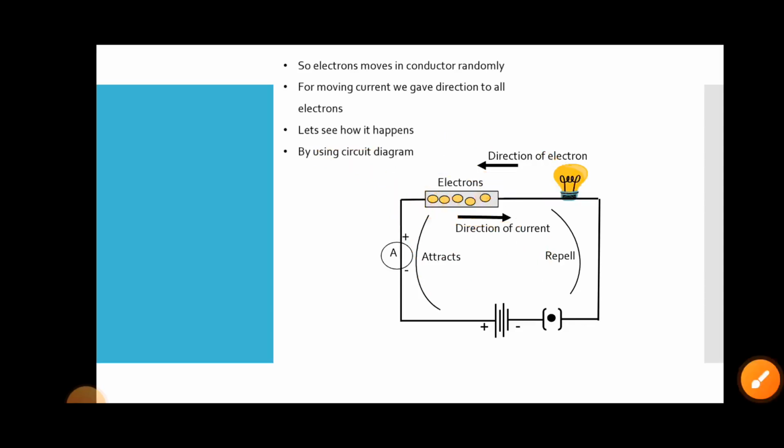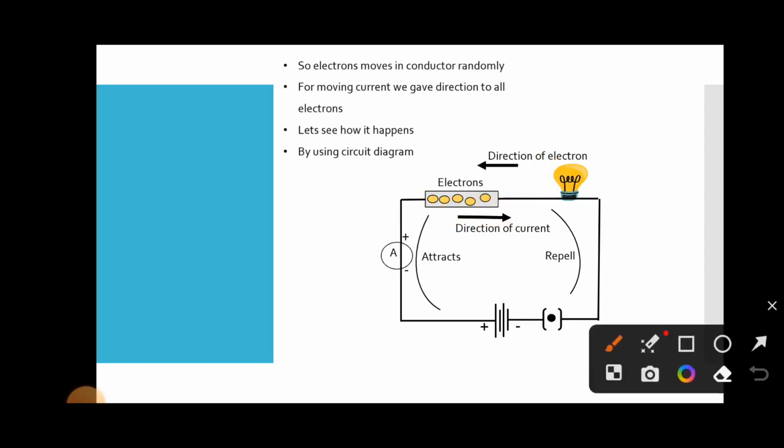The battery has a positive terminal and electrons have a negative charge, so they are attracted, and the direction of electron flow is in this direction.